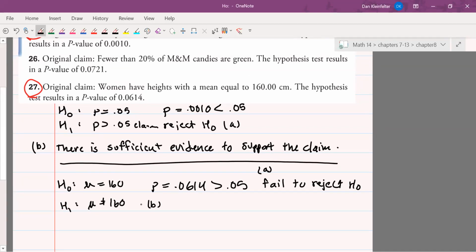And then for part B, if we're failing to reject the H0, then the claim was that the mean is equal to 160 centimeters.